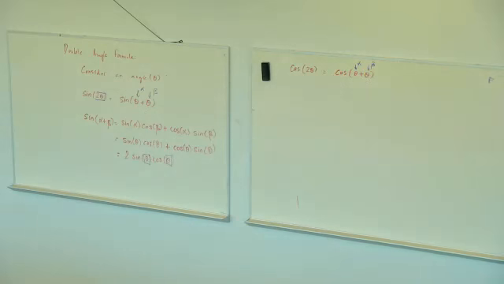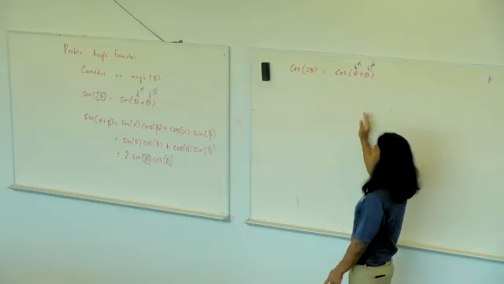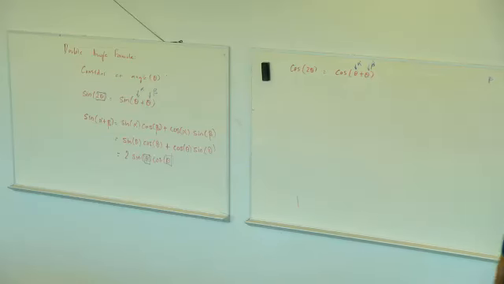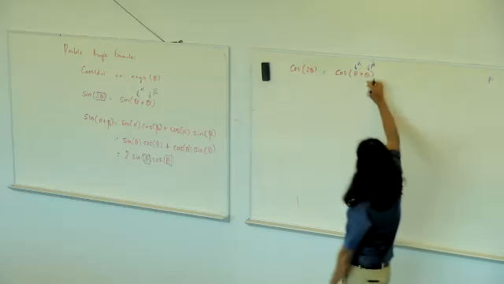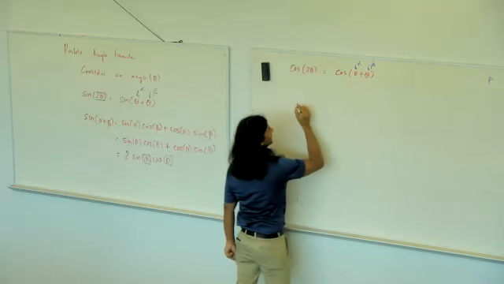Use the formula for cosine alpha plus beta and see what cosine 2 theta will be equivalent to in terms of theta.